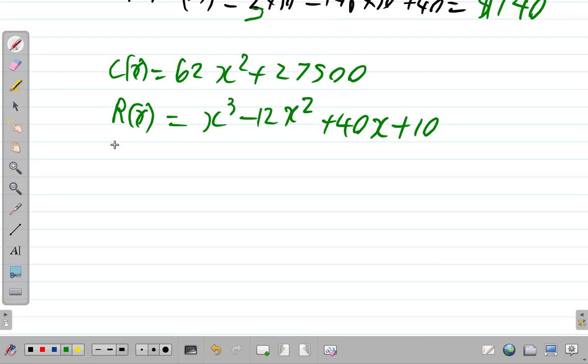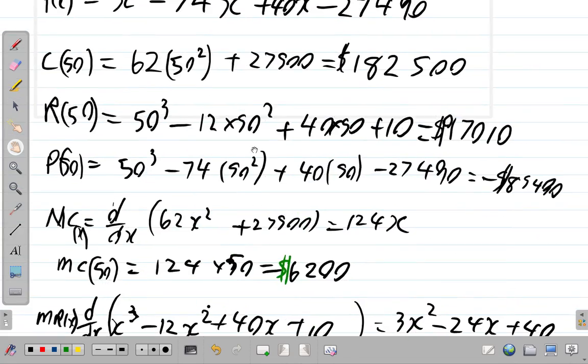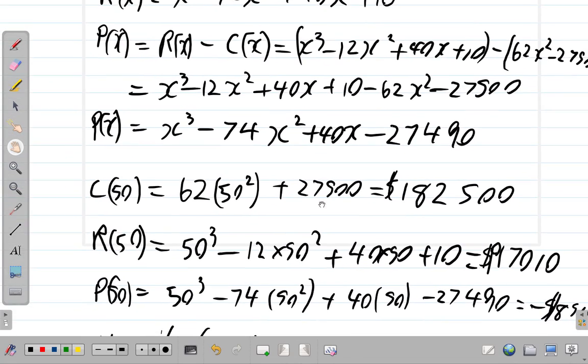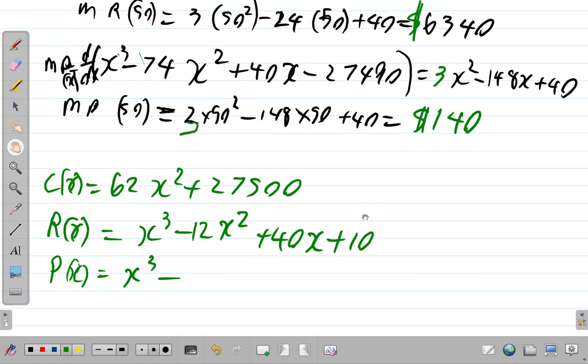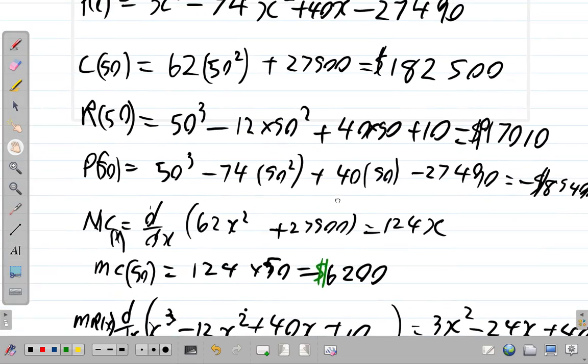And then our profit, total profit, Px, was x cubed minus 74x squared. Then what came after that?